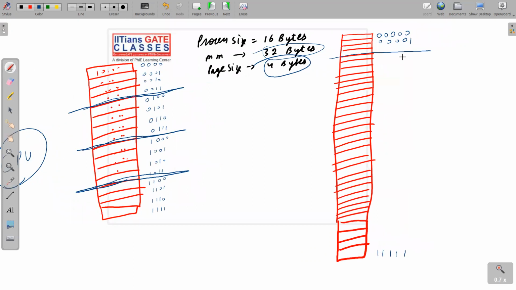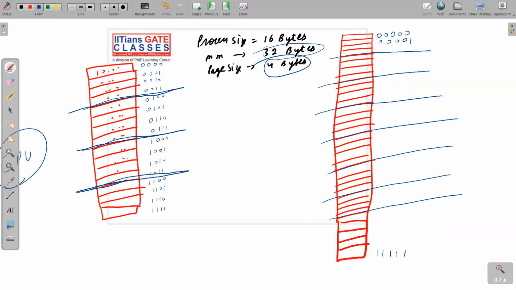So I am just labeling them. First frame, then 1, 2, 3, 4. Second frame, then 1, 2, 3, 4. Third, 1, 2, 3, 4. Fourth, 1, 2, 3, 4. Fifth, 1, 2, 3, 4. Sixth, 1, 2, 3, 4. Seventh, and then 1, 2, 3, 4.